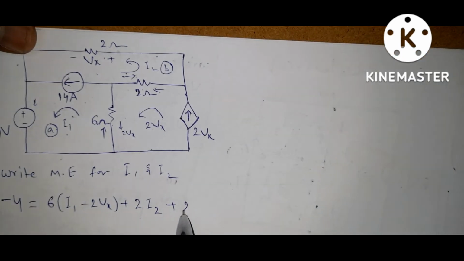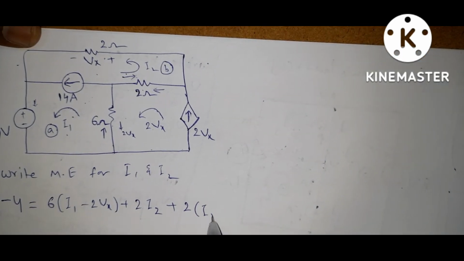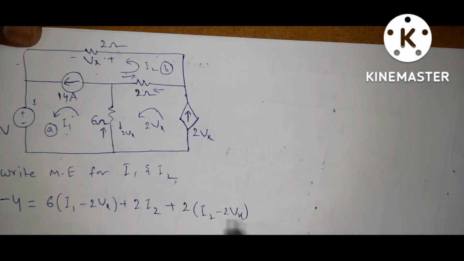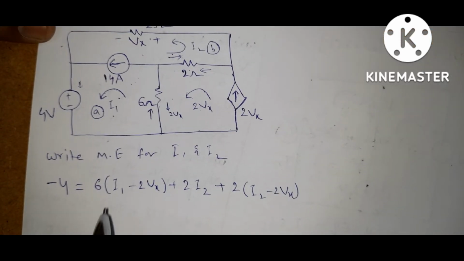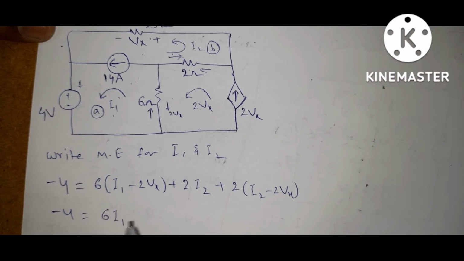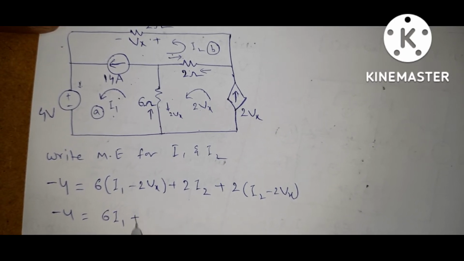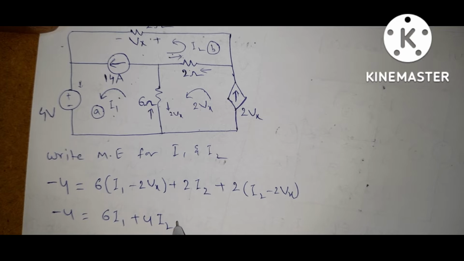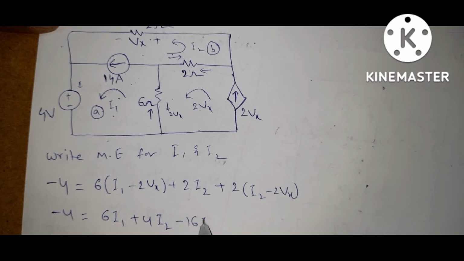So plus 2 into I2 minus 2Vx. So -4 is equal to 6I1 plus 4I2 minus 16Vx. Okay, let it be equation 1.